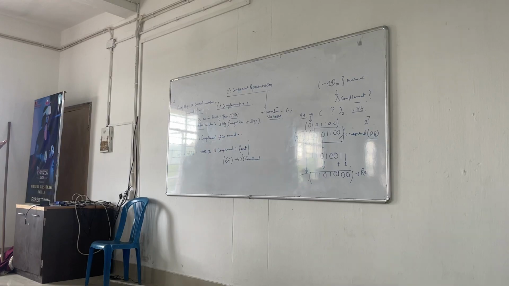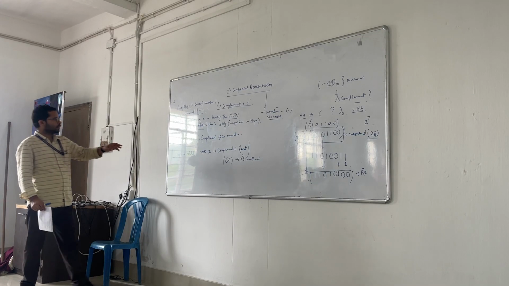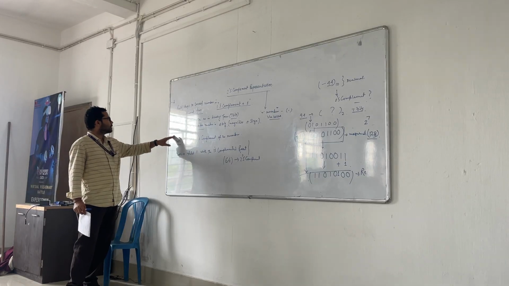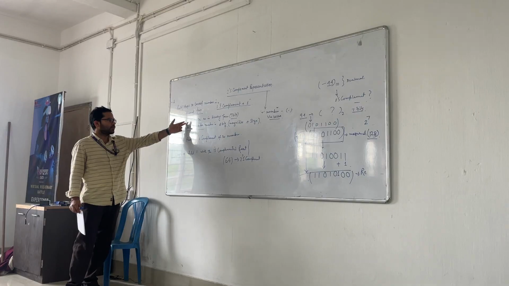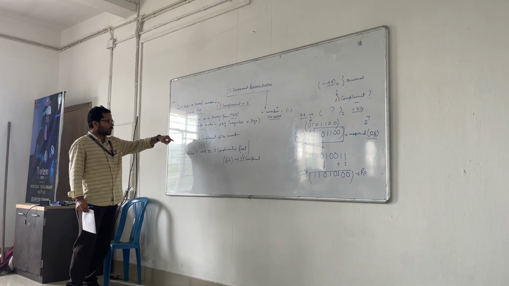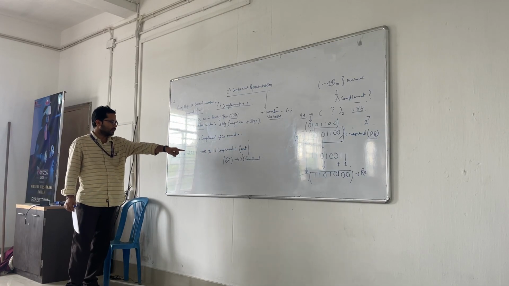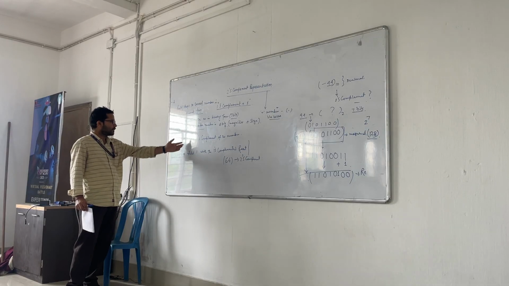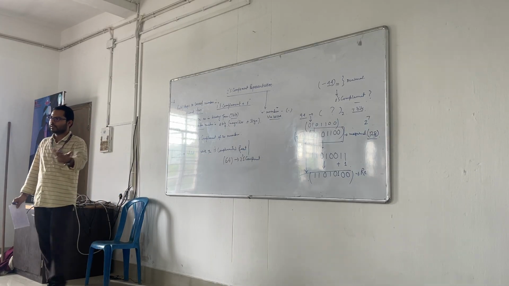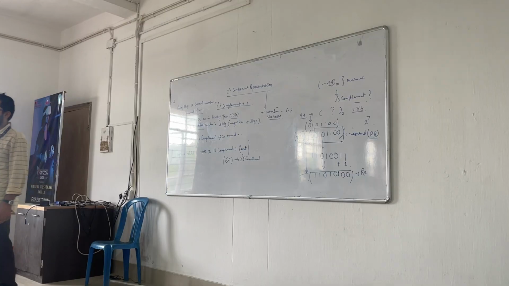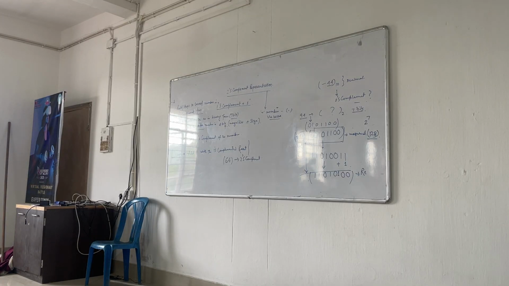Here the number itself is positive, so we don't need to rewrite the number as in step 2. Simply represent the number in binary form along with the sign bit, that is the plus sign, that means 0, and then take the one's complement and add 1 to the one's complemented result.